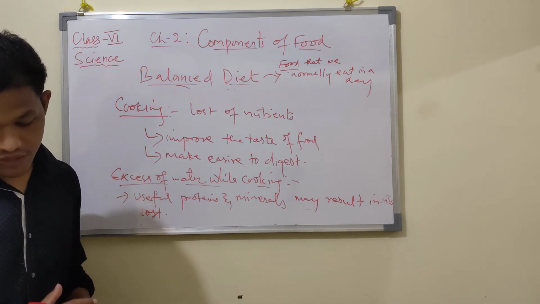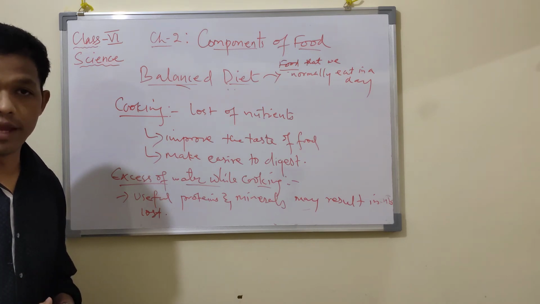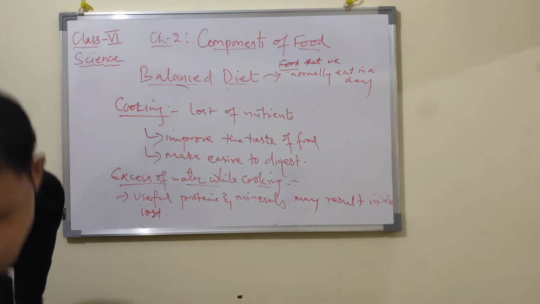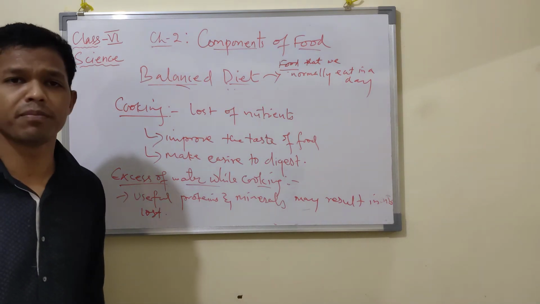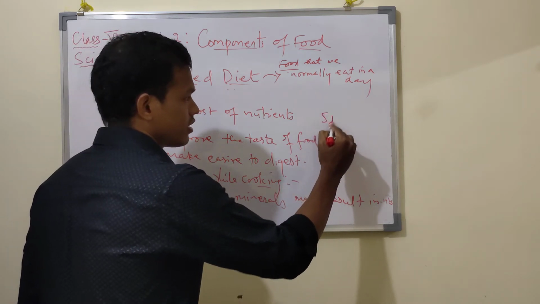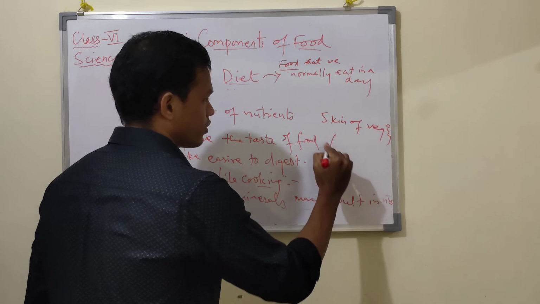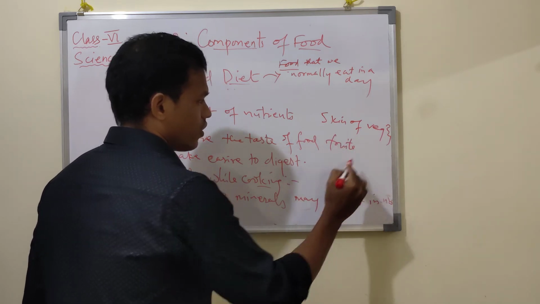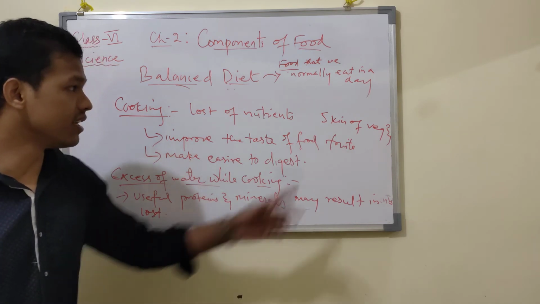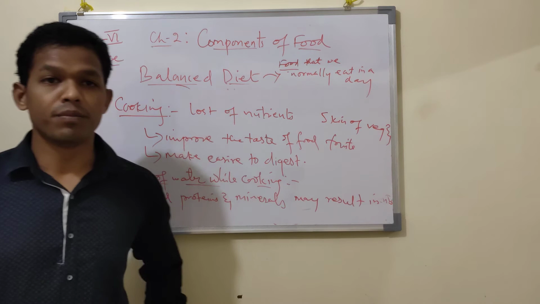If vegetables and fruits are washed after cutting and peeling them, what happens? It may result in loss of nutrients, some vitamins. As you all know, the skin of vegetables and fruits also contains some minerals and vitamins.